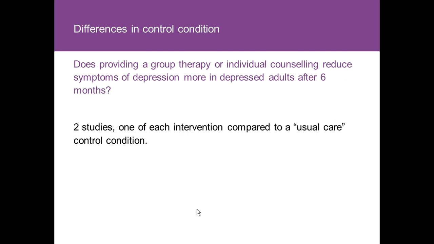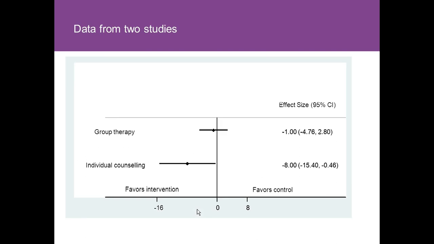We look at 2 studies, one of each intervention compared to a usual care control condition. Here, the group therapy study shows quite a small effect size, very close to the null value, whereas the individual counselling has a significant difference between the intervention and its usual care control group.